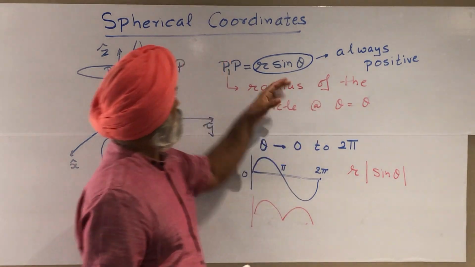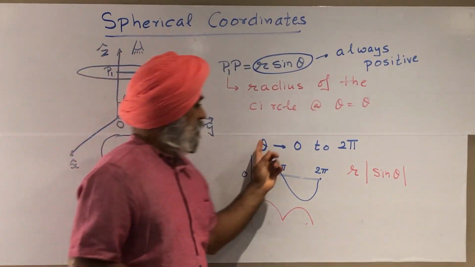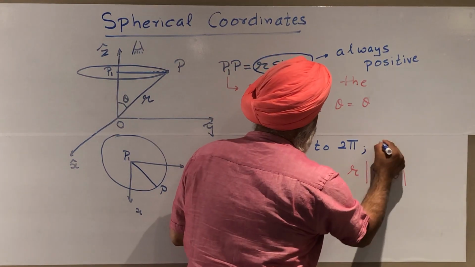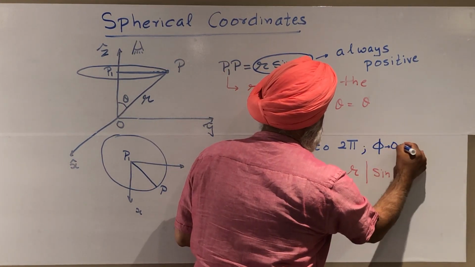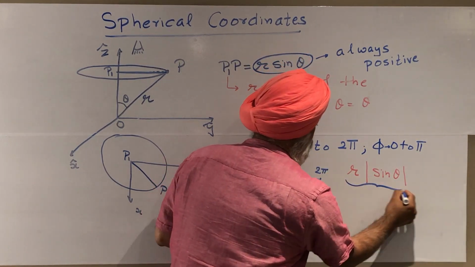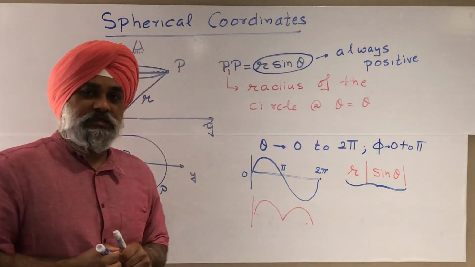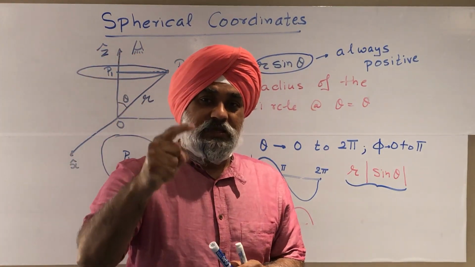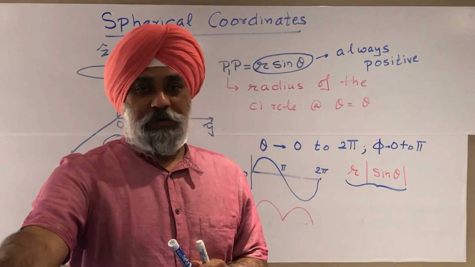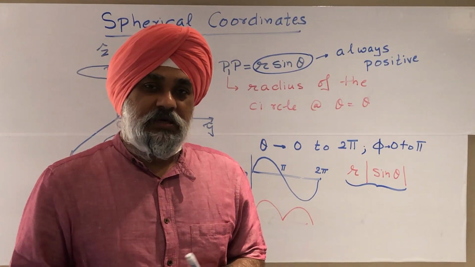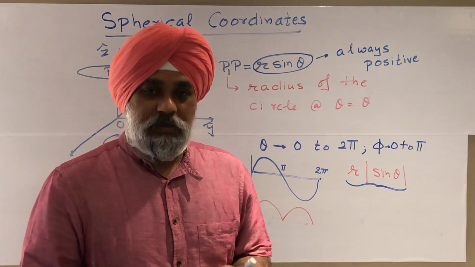Whereas if I wanted to go to our second choice, that theta goes from 0 to 2 pi and phi goes from 0 to pi, then I have to account for a modulus in the function. Everywhere we have put r sine theta, that has to be replaced by r modulus sine theta. And I've just added complexity from a mathematical point of view.